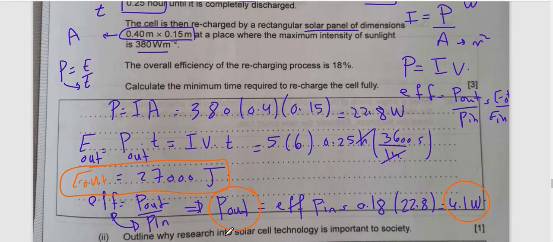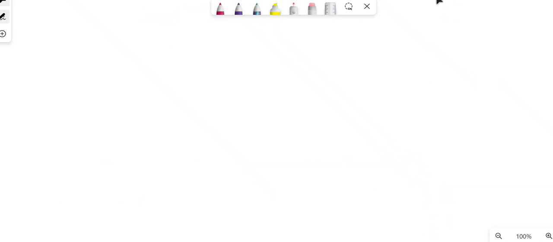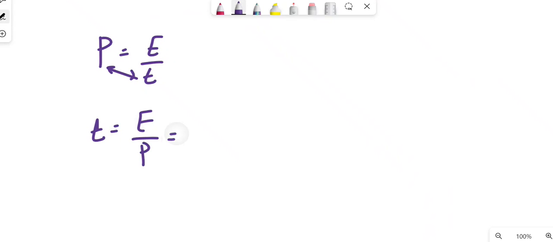So let's do it here to replace. We know power is energy over time. Swapping, since I needed time, T will be energy over power, energy out or energy delivered.